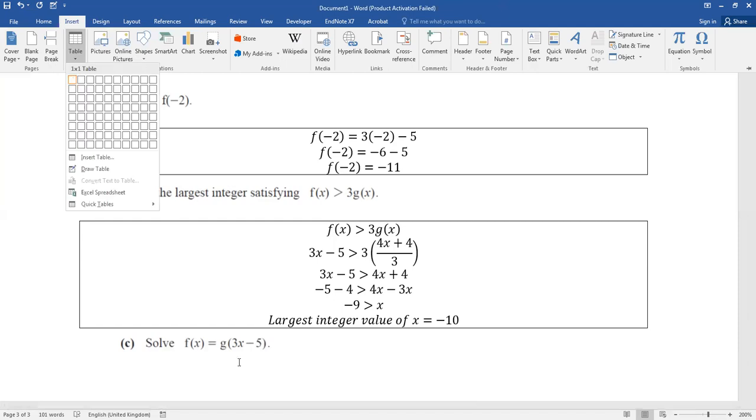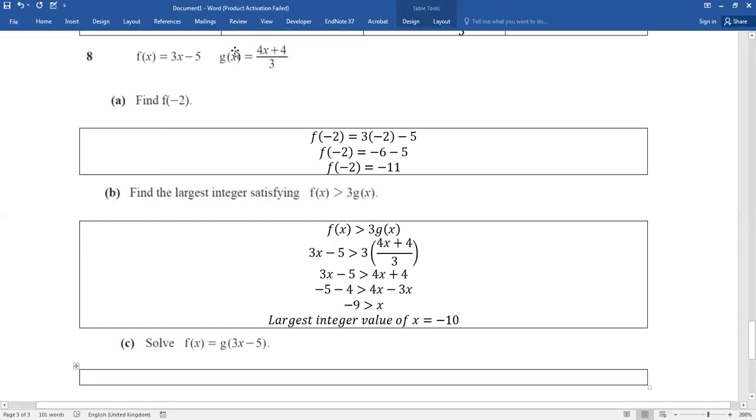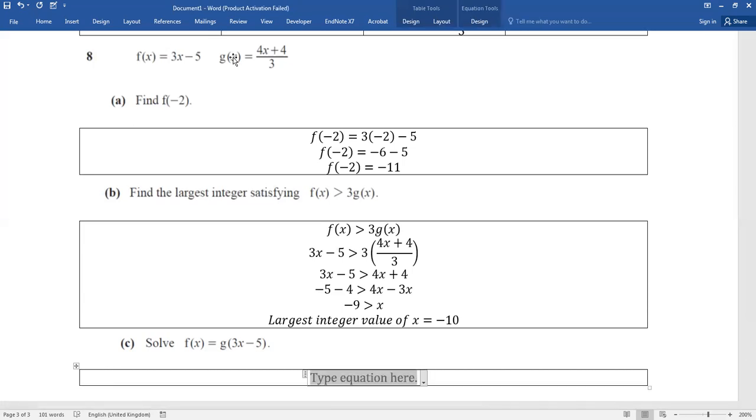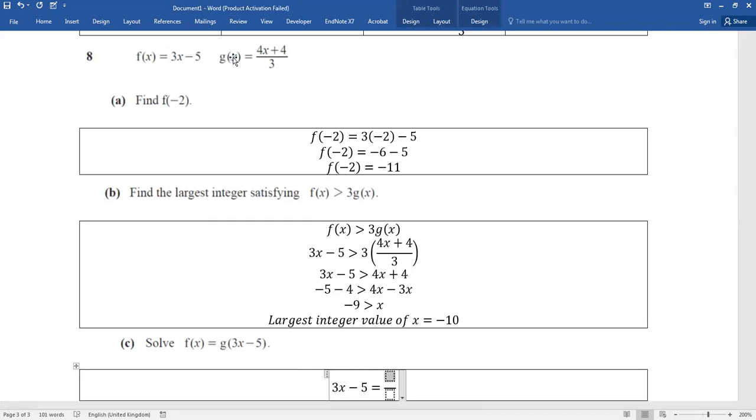Whatever thing comes in place of x, the original question defines a function, then whatever is in place of this input, wherever there is x, you plug in that input. If the question would have said g of sabi, I would have said 4 times sabi plus 4 upon 3. Whatever comes here, you have to input it, wherever there is x, plug in that value. So the question is saying f(x), which is 3x minus 5, is equal to g of 3x minus 5.